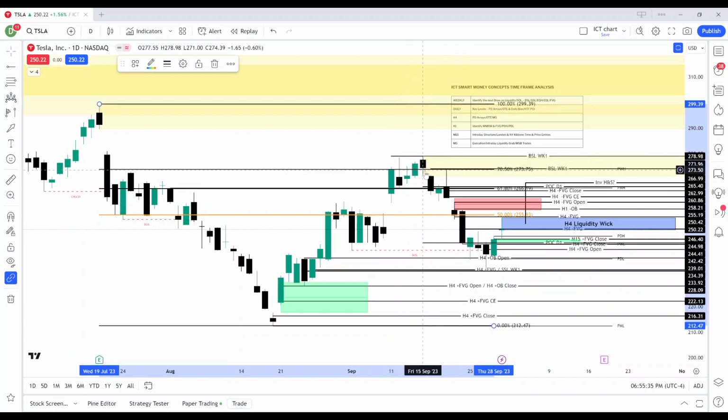We traded right over it, but wick high, wick low, okay, golden zone, optimal trade entry at 273.75, overshot it a little bit, and then traded off, okay?